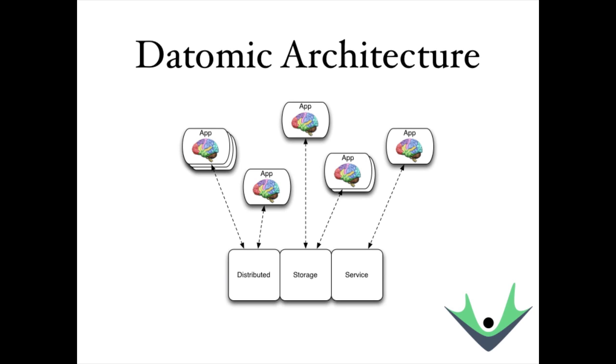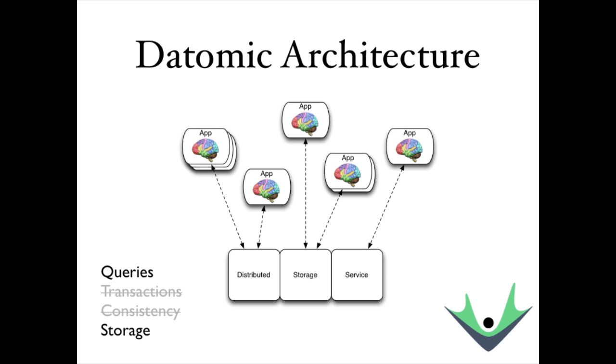So how do we get the power we used to have when we had a whole database back as we move to these more distributed architectures? The approach we take in Datomic is to put the brains back into the system inside the applications, and essentially to give every application its own brain. And you might think that this would be sufficient.